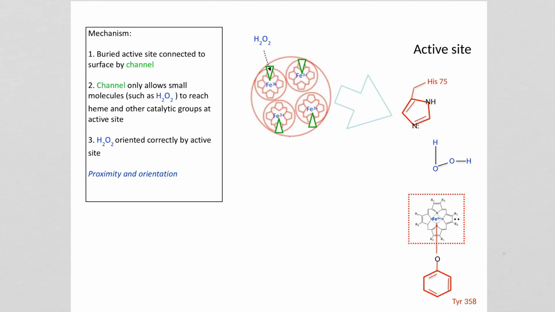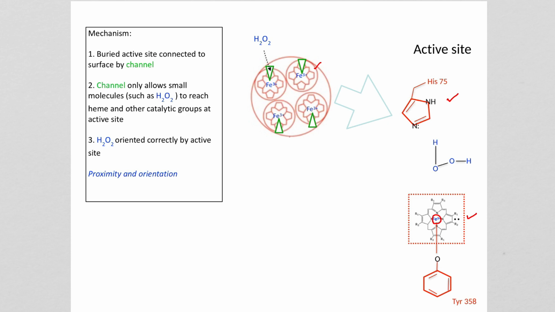So each subunit has one active site. So let's look at the active site. Each active site of the enzyme contains a histidine that can act as an acid or base. And then there is a heme, and in the middle of the heme you can see Fe3+.